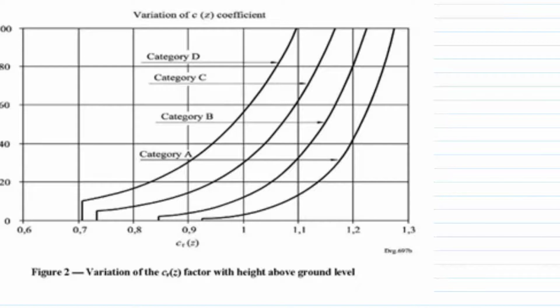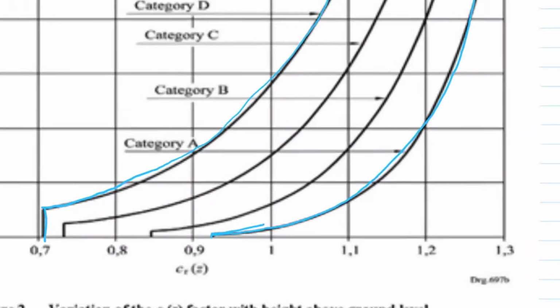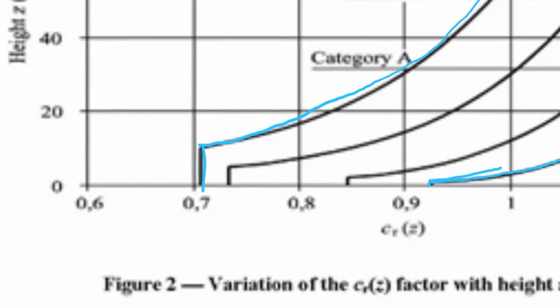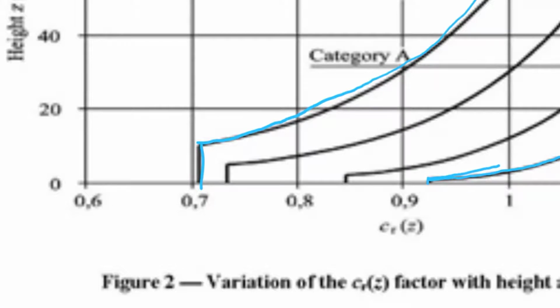So if, for instance, you're terrain category A and you get higher and higher, this is the altitude above, and you'll see the wind speed increases because you multiply CR, your roughness coefficient, by your wind speed. If you're, for instance, category D, your wind speed is much lower, but also there is the zone at the bottom where if you are below a certain height, you don't want to actually reduce your wind speed anymore.